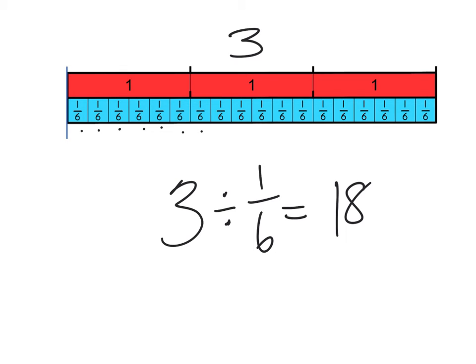And so if I count and really think about what's happening on this picture, I would see that there are 18 little pieces, or 18 1/6 pieces on this model. I could prove it by doing the algorithm. 3 times the reciprocal, or the flip, which would be 6 over 1, gives me 18 over 1, which then gives me the 18.